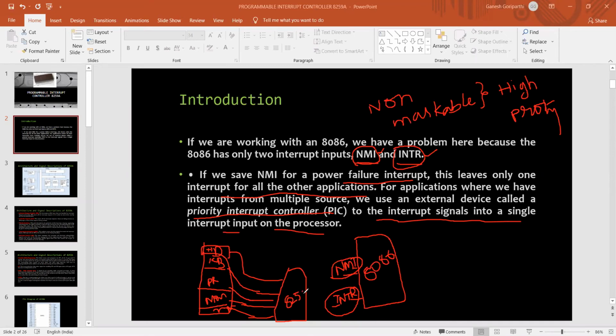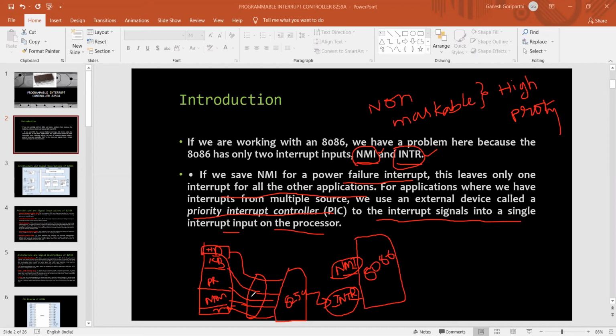So this 8259 processes all these interrupt signals that are sent by these peripheral devices, and out of all these interrupt signals, it chooses one highest priority signal and sends it to this 8086. Okay, so now hope you are all clear with the functioning of 8259.